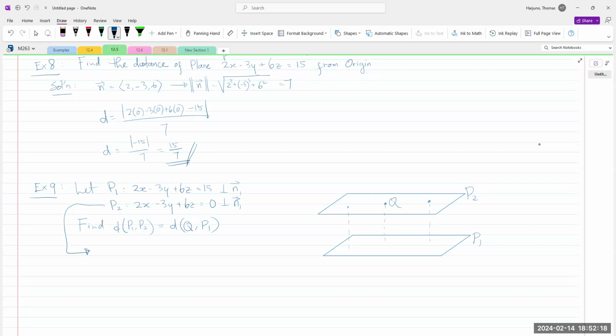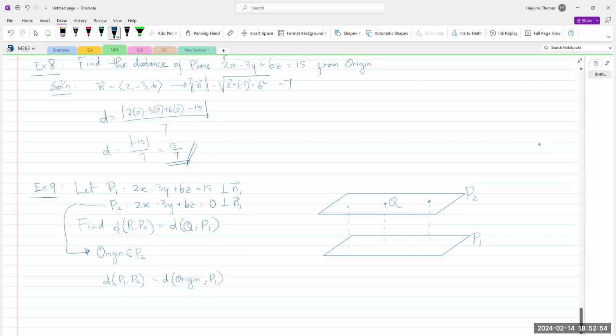For example, you may want to find the x-intercept or y-intercept or z-intercept or any random coordinates that you see fit into that plane. The one that we can fit here is the origin. Notice that the origin is in plane 2, right? So the distance between these 2 parallel planes equals the distance from the origin to plane 1.